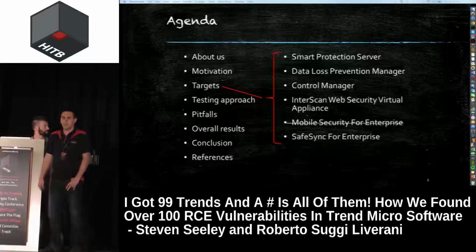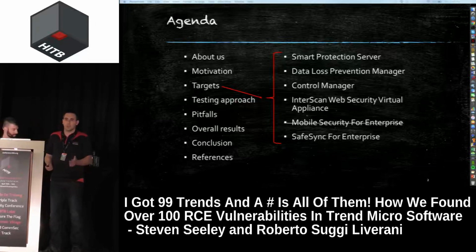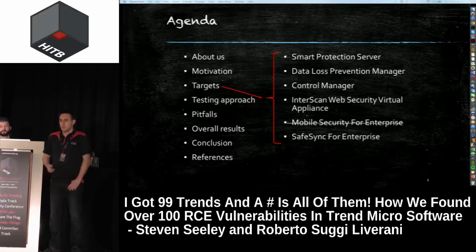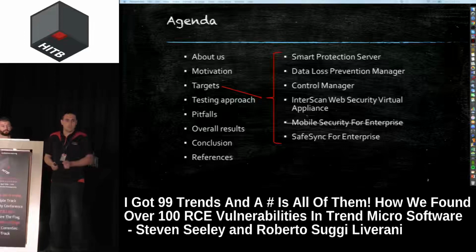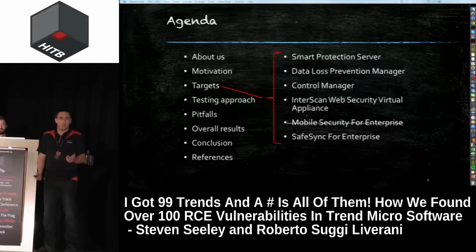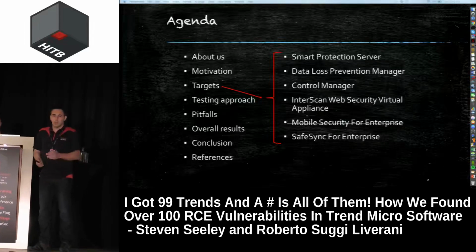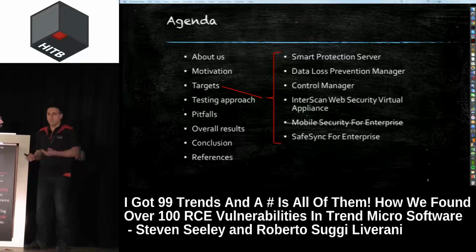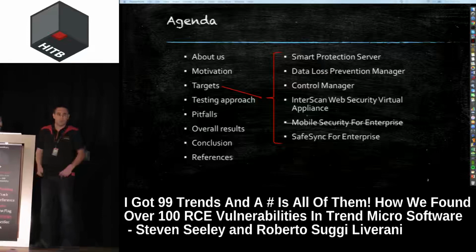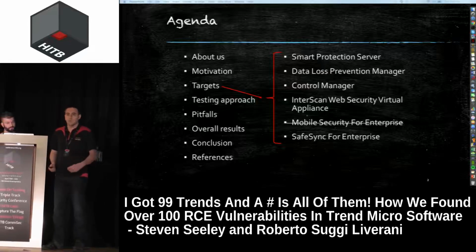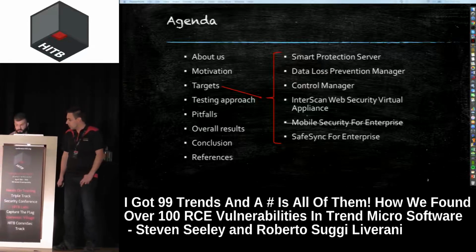We're going to show you the vulnerabilities. Of course, we cannot show you all of them because of time. But we picked the most critical vulnerabilities, and from the exploitation angle, the most interesting exploitation angles we had to face during the research. This should give you some good examples of what we found across different Trend Micro products.